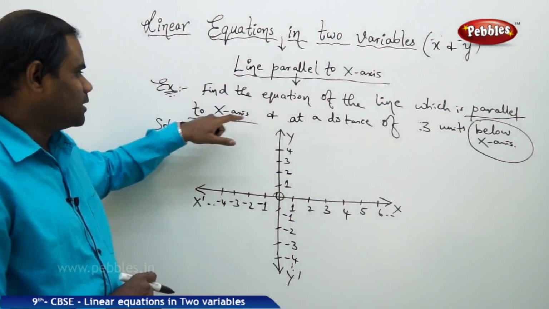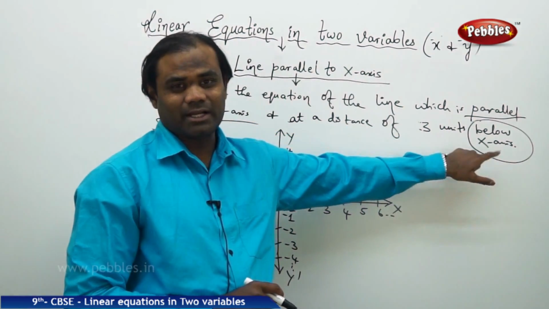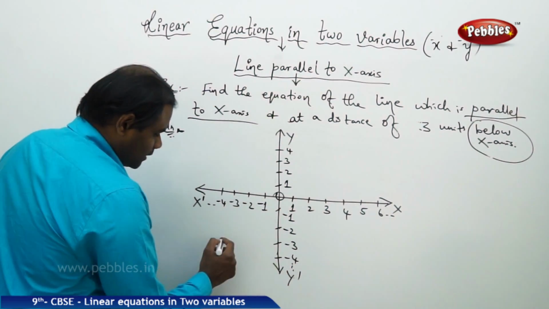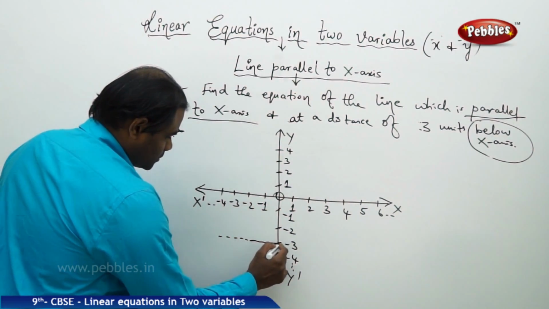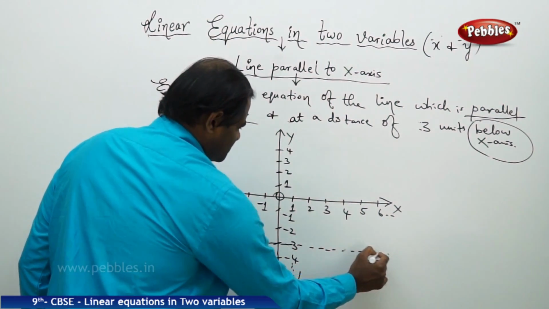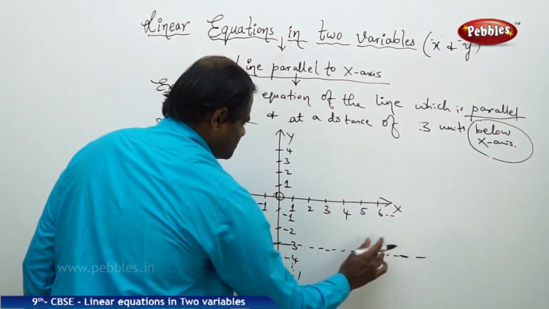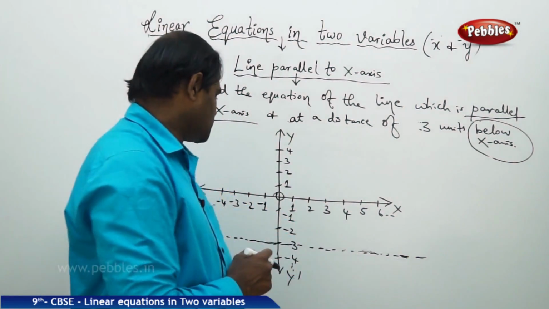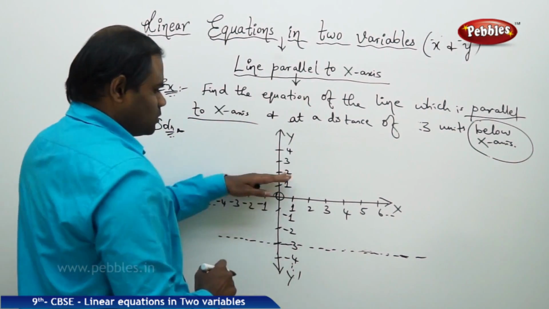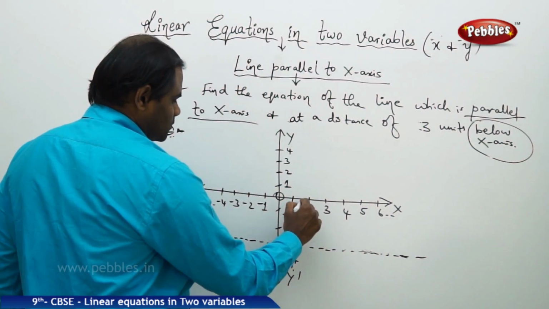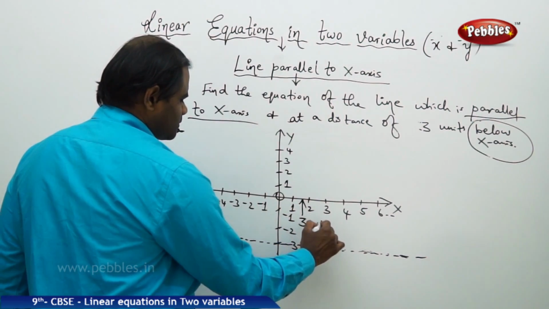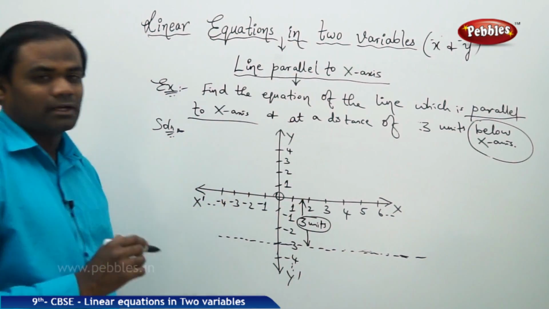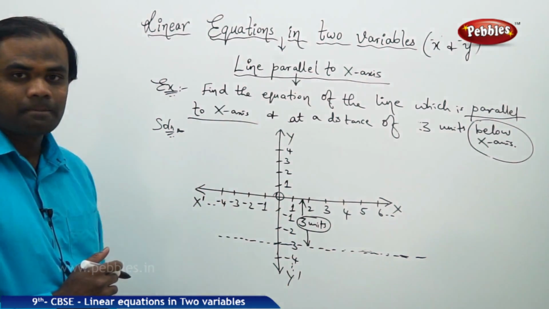Now since the line is 3 units below the x-axis and exactly parallel to the x-axis, it moves 3 units down and I have a line which is out here, which is like this. So here is the line which is parallel to the x-axis and at a distance of 3 units from the x-axis, which is how we understand below the x-axis.